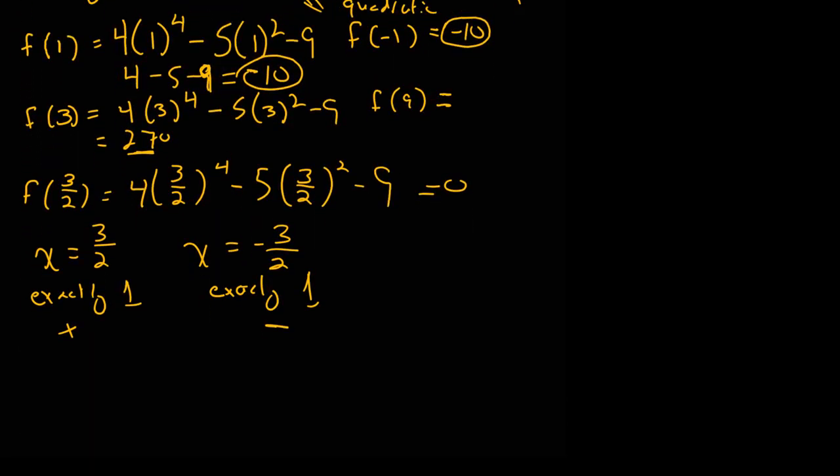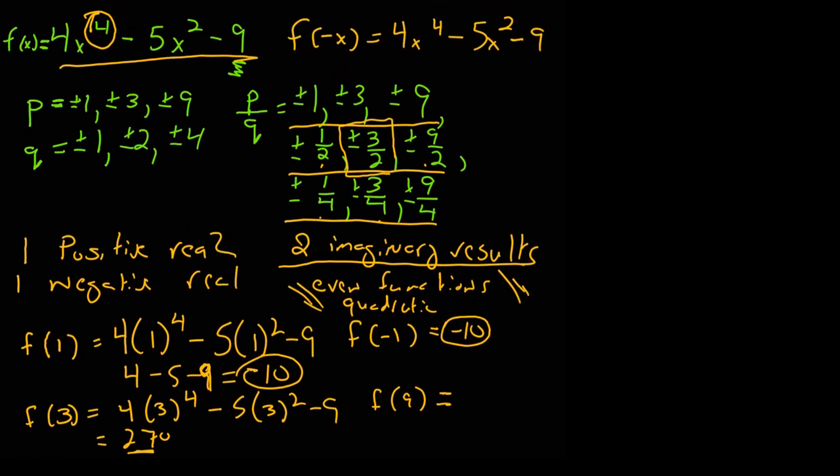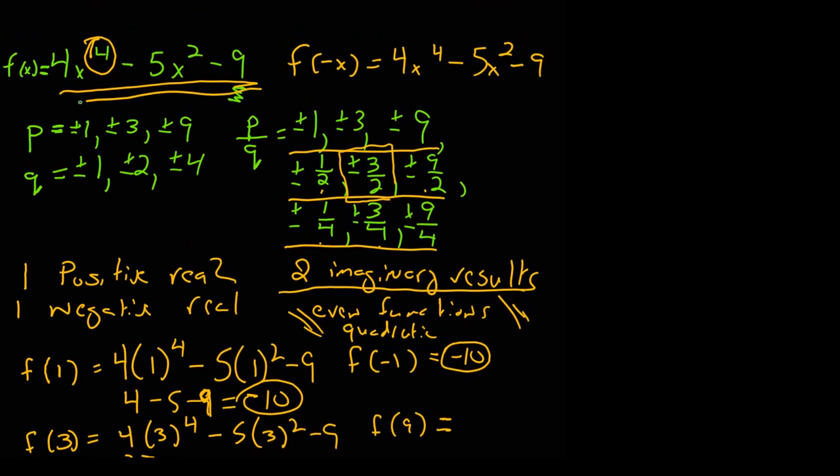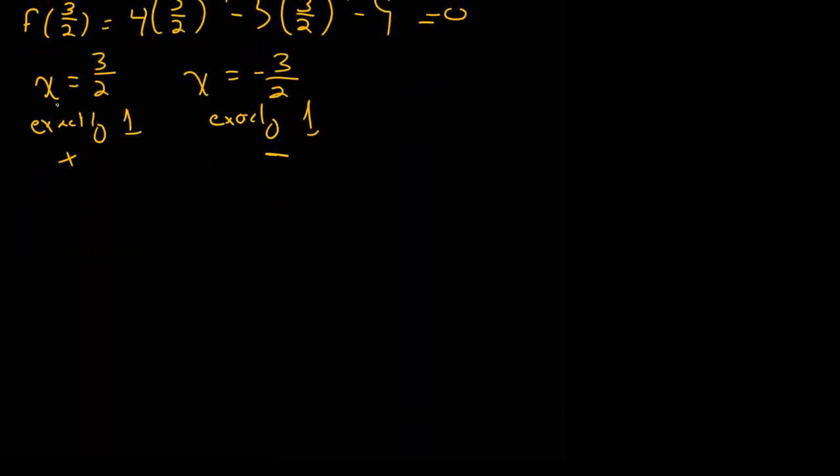And so I have 2 of my answers. The only thing I need to find now are the imaginary solutions. All right. Well, if this is one of my answers, that's the factor. And if this is my other answer, that's my other factor.